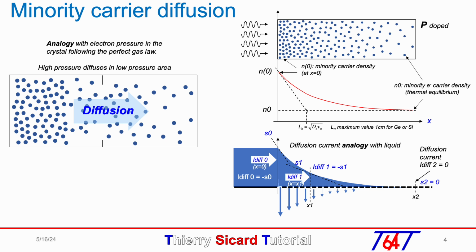The diffusion current IDiff0 is equal to the recombination current, or infiltrated water from x equals 0 to x equals 1, plus the remaining diffusion current at x equals 1, IDiff1. At x equals 2, the remaining diffusion current IDiff2 equals 0, so the current IDiff0 is equal to the total of the recombination current represented by the water infiltration, see all arrows.